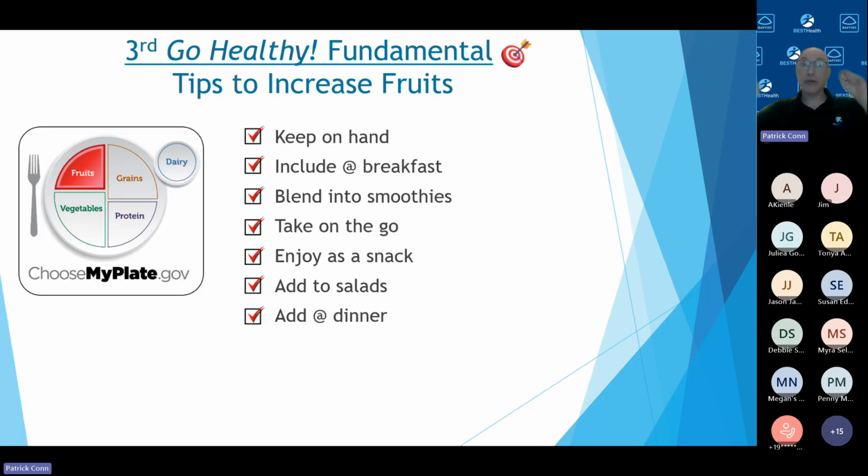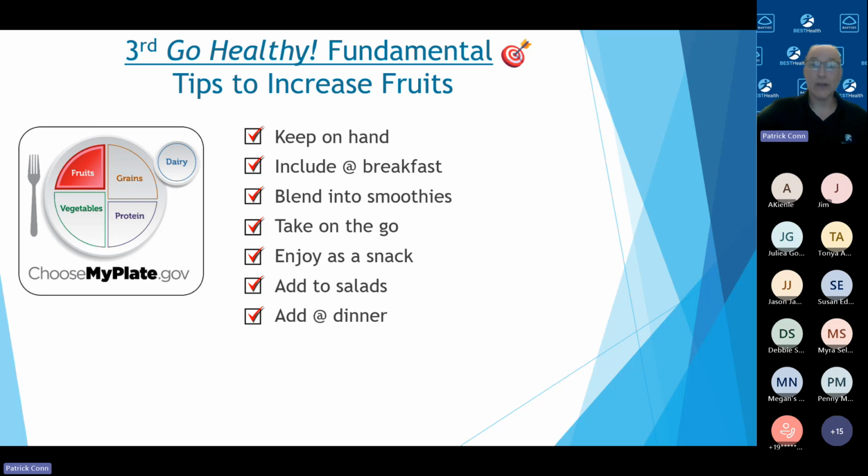So some tips to increase fruits here. Number 1, keep it on hand. So therefore, when you plan out your meals, to incorporate fruits, you write it down and you shop accordingly. So keep it on hand. Also include it at breakfast. And that was part of that 1-2-2 eating pattern we talked about. You can blend it into smoothies. That's a good way as well.